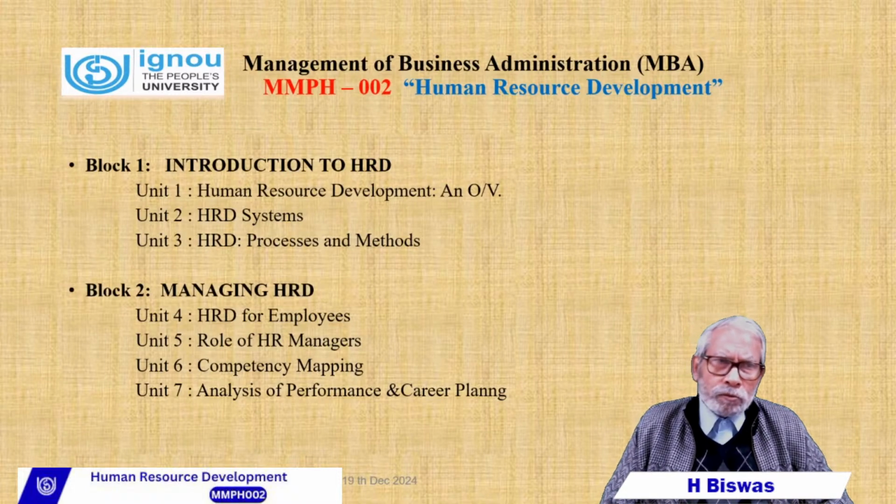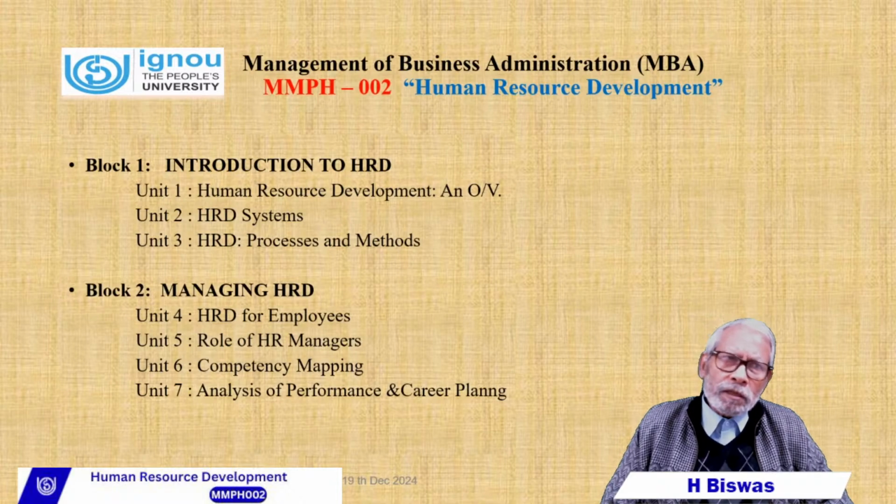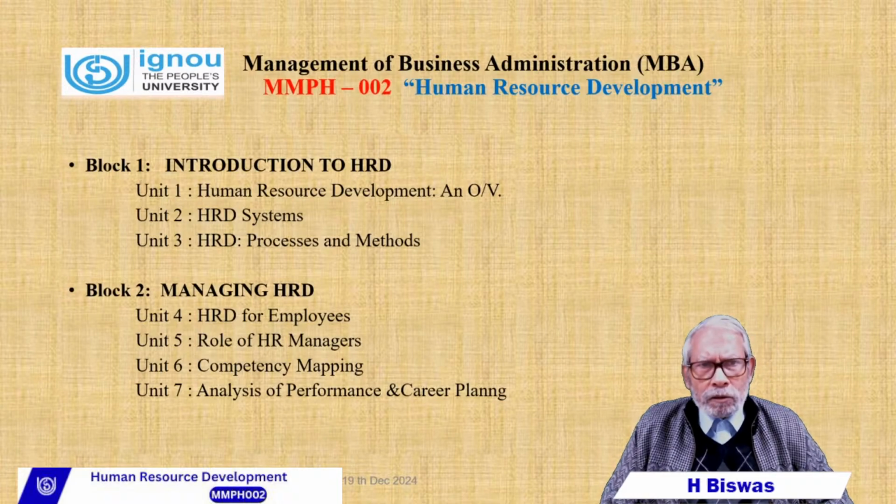Then in this session I will try to cover Block 1. This is unit number 1, 2, 3. In Block 1, it has been said that human resource development is an overview, then unit number 2 is HRD systems. Unit 3 is your HRD process and methods.